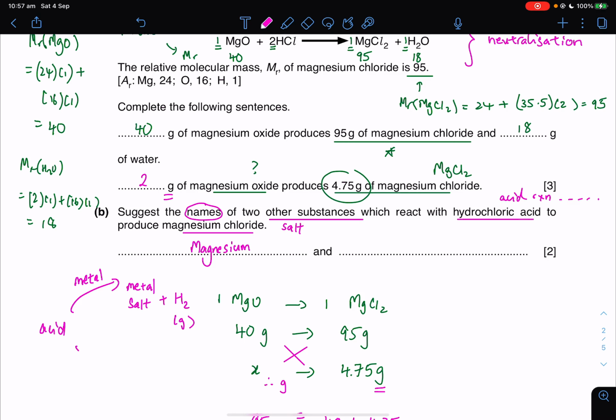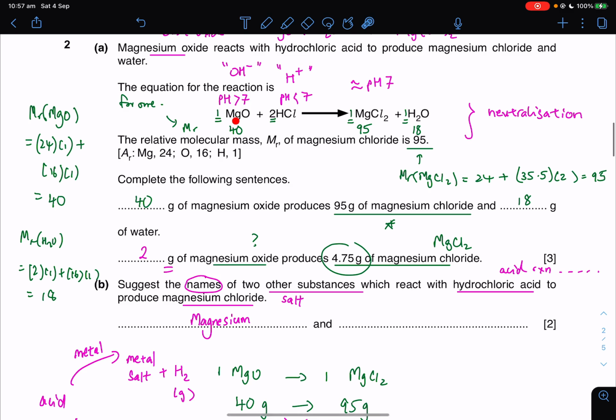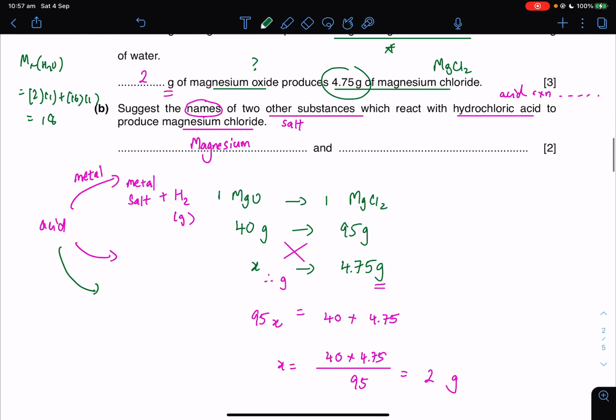Now what else? The reaction given here already is the magnesium oxide, which is the basic oxide. So base or basic oxide plus acid is a neutralization reaction that will give you metal salt and also water. So this is already given.